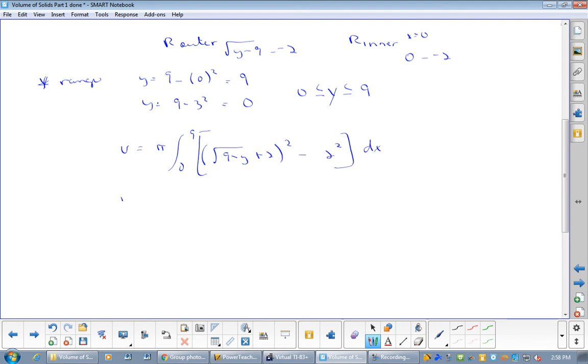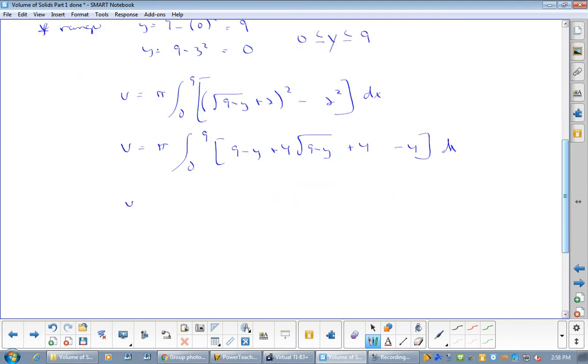When you FOIL that out, v equals pi integral 0 to 9 of 9 minus y plus 4 root 9 minus y, minus 4, dy.